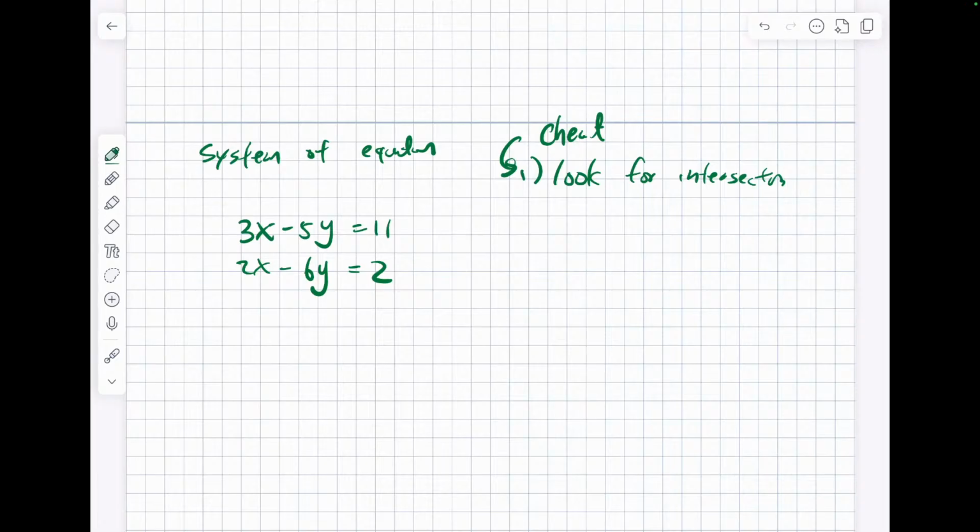Are there a lot of questions like that, or a couple you can choose? There are actually a couple. One of them is going to be like this, and the other one is going to be a word problem. In a word problem you have to set up the equation.